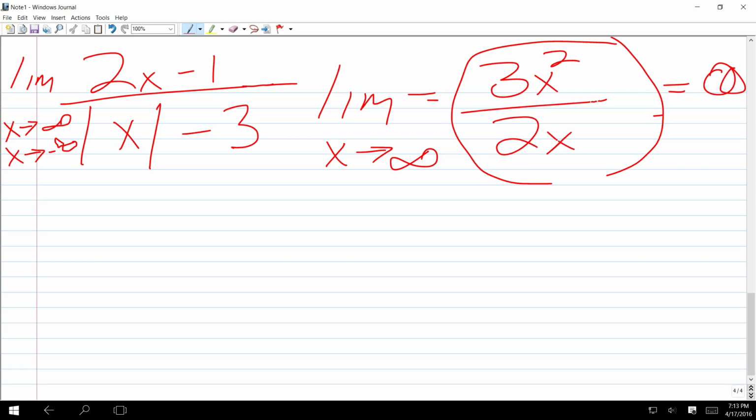So either the numerator blows up over the denominator, and the answer is infinity, or the denominator blows up greater than the numerator, and then the answer is 0. Or the coefficients are the same, like that, in which case the limit is the ratio of the coefficients, 3/2. Okay, now let's look at your problem.